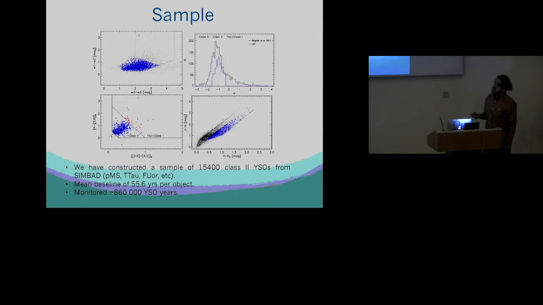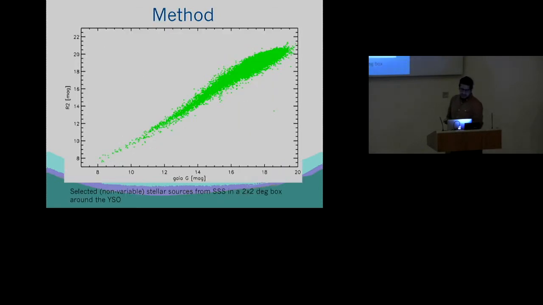We used different criteria, like the Koenig 2014 criteria using WISE colors, the slope of the spectral energy distribution between 2 and 20 microns, and also some near infrared colors. So everything here in blue is what we classified as Class II YSOs. And we ended up with a sample of 15,000 of these objects, with a mean baseline of 55 years, which means that we effectively monitored 900,000 YSO years.